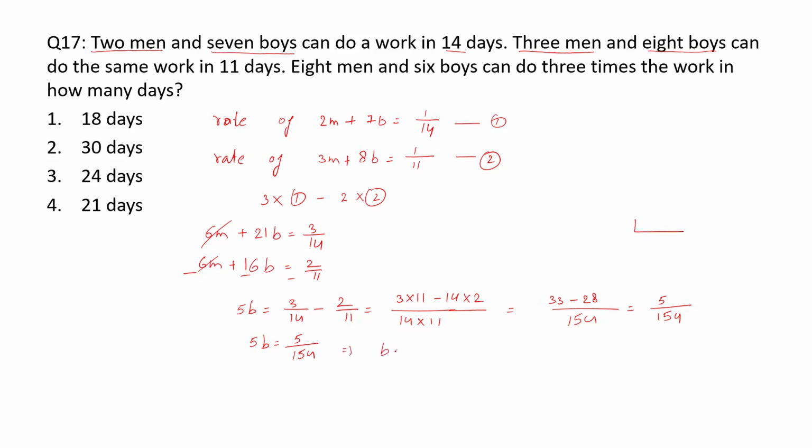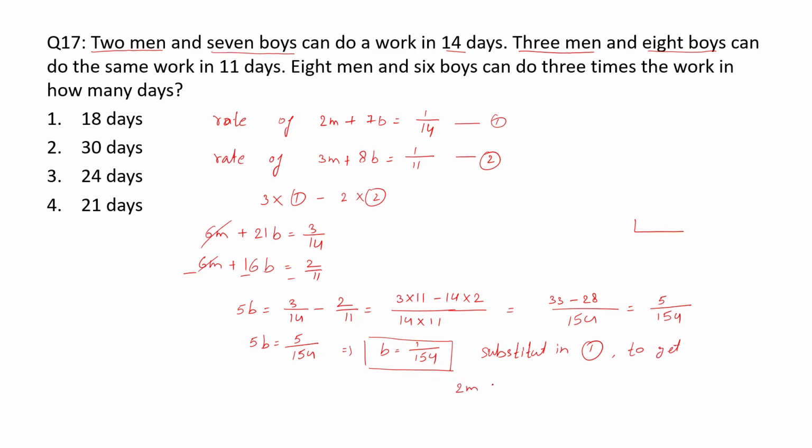So that means b is equal to 1 upon 154. This is the rate of work done by a single boy. Similarly, substitute this value in one of the equations, say equation 1, for simple manipulation.